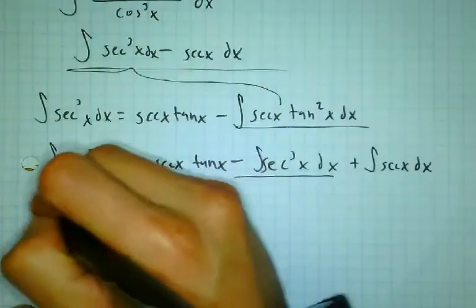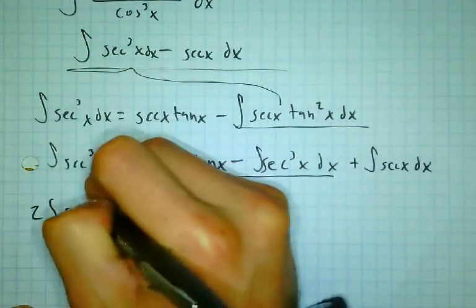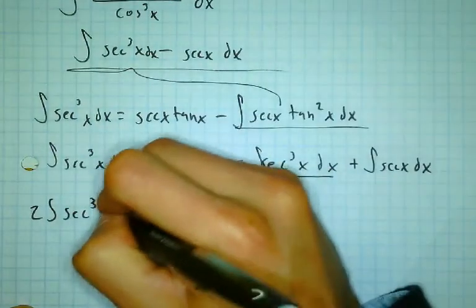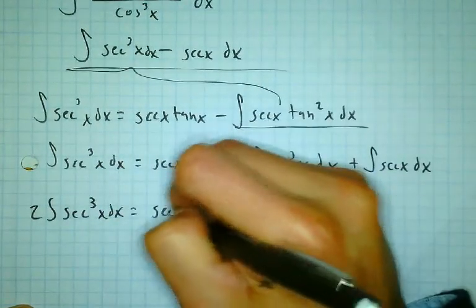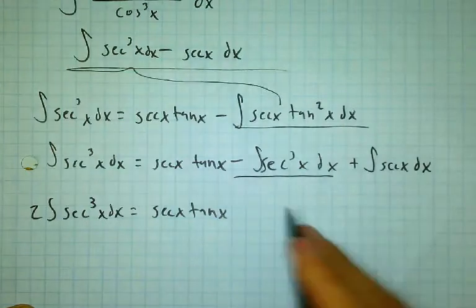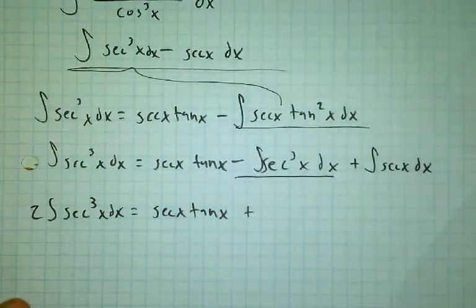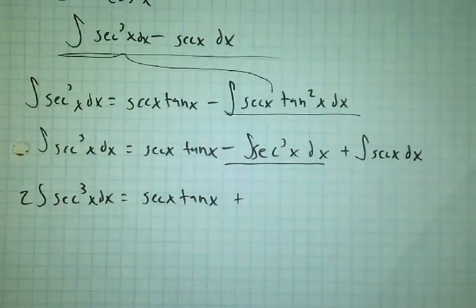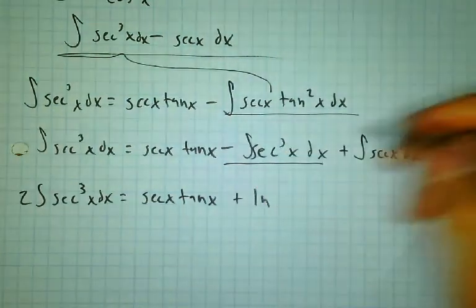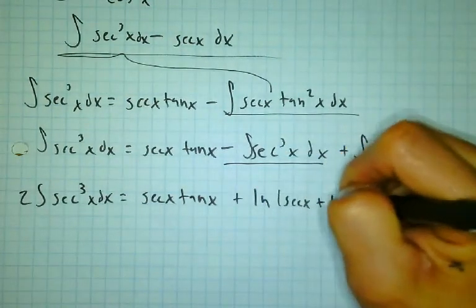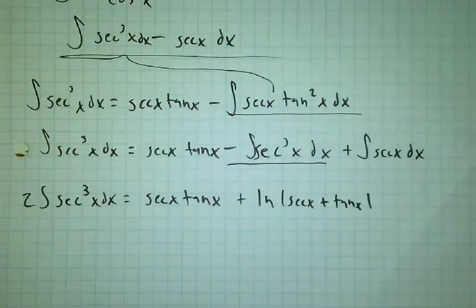So that gives you 2 times the integral of secant cubed x dx is equal to secant x tangent x plus, we know the integral of that, right? What is the integral of secant of x? And what do I have to do then?